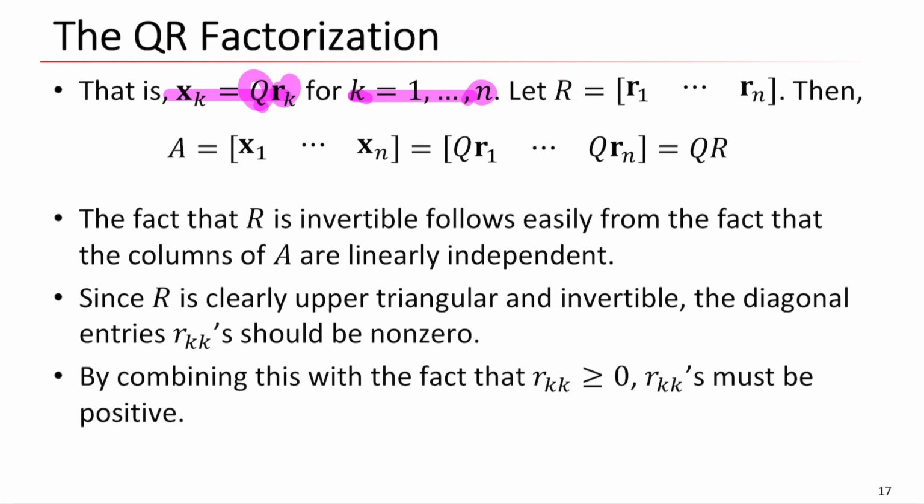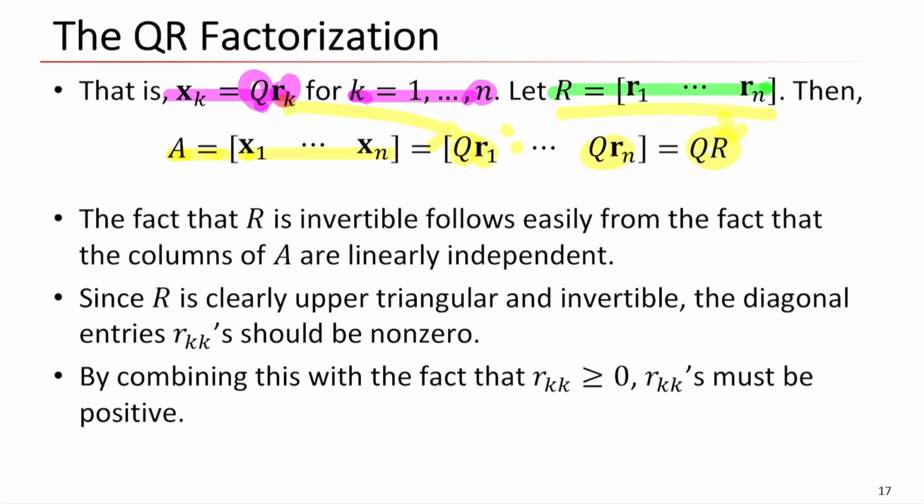Then let's say the matrix R is equal to r1 through rn, right? Now we can represent the matrix A as Q times r1, Q times r2, and Q times rn, which is represented by Q times R, right? So here, R is here.